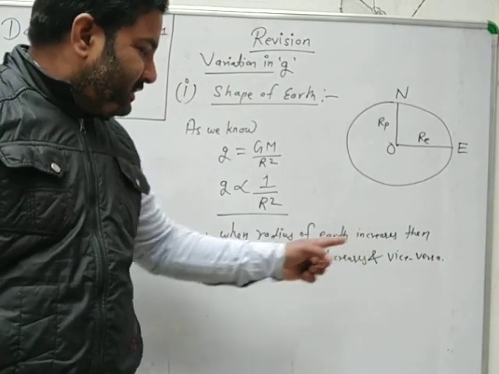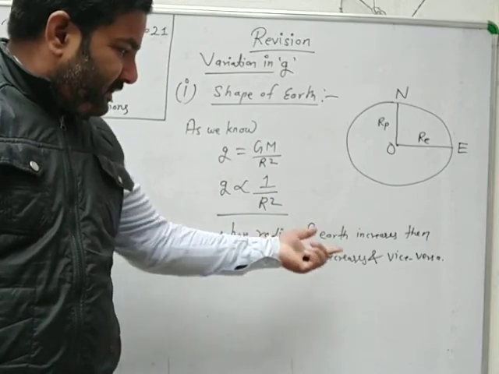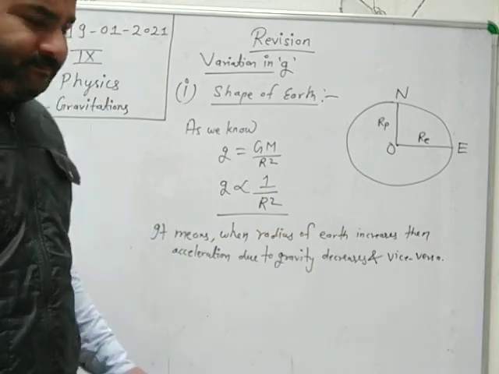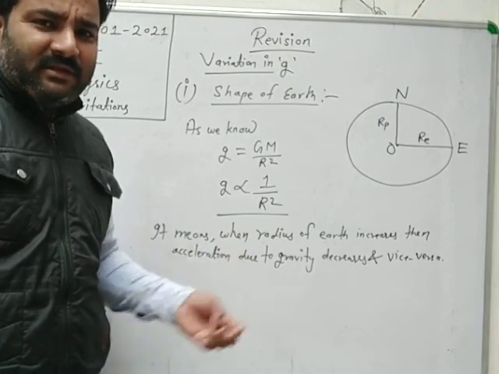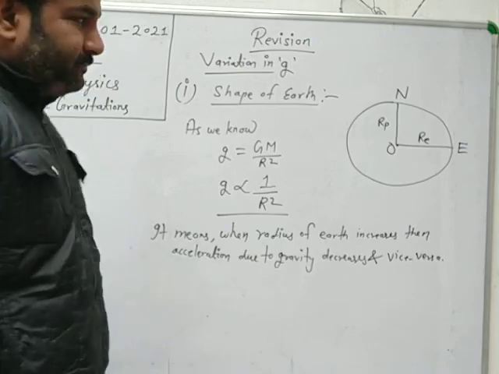When radius decreases, then gravity will increase. When the radius of earth decreases, then acceleration due to gravity increases. Very simple concept. Then after this first, the next one is the effect of altitude.